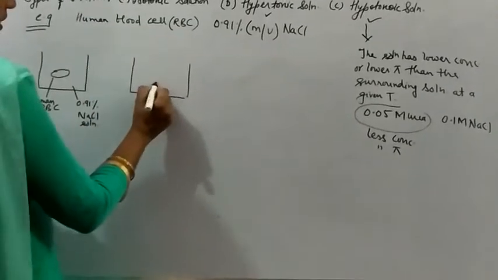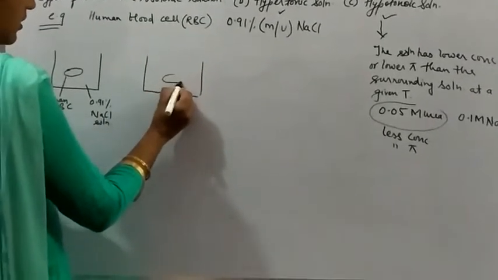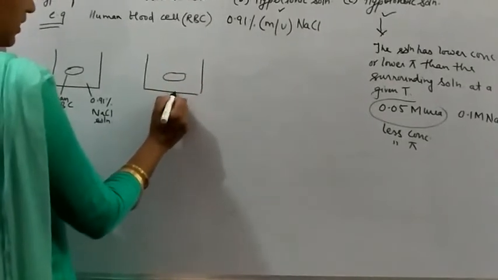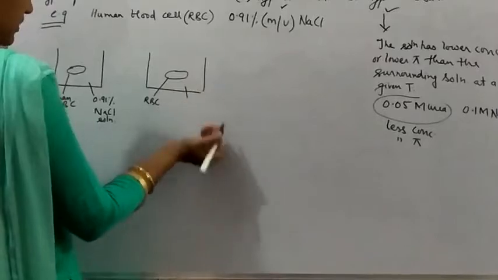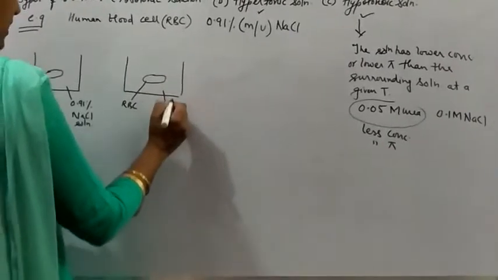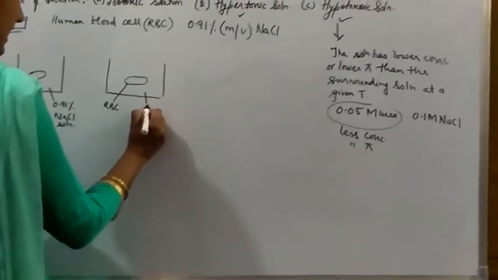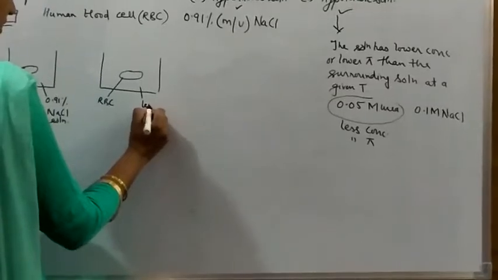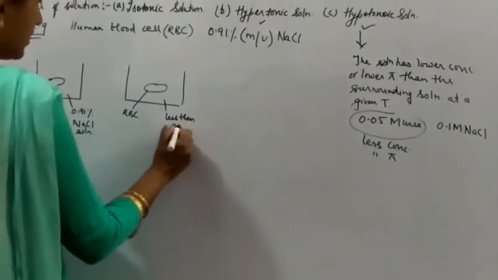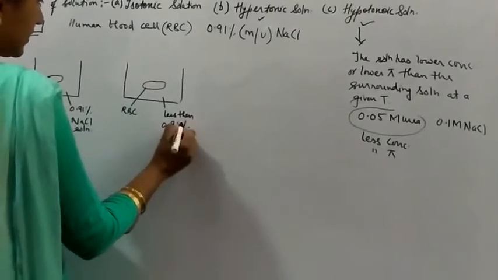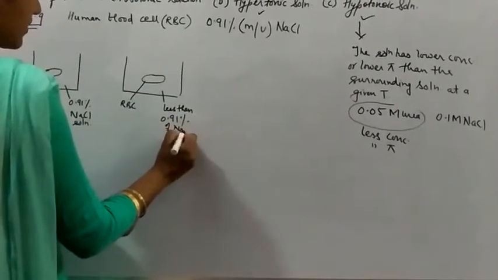Another beaker has got the same RBC here and the concentration is less than 0.91% of NaCl solution.